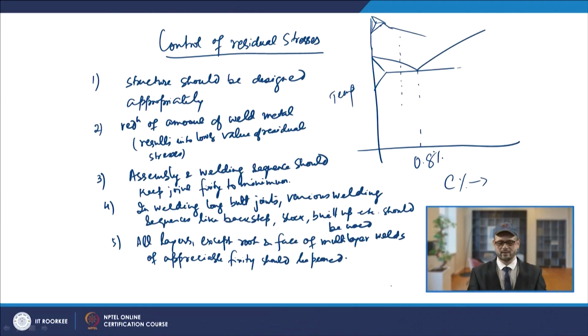We have discussed five points so far. While we are talking about the appropriate sequence of welding, we should also avoid in any case the bending stresses which are likely to be formed.